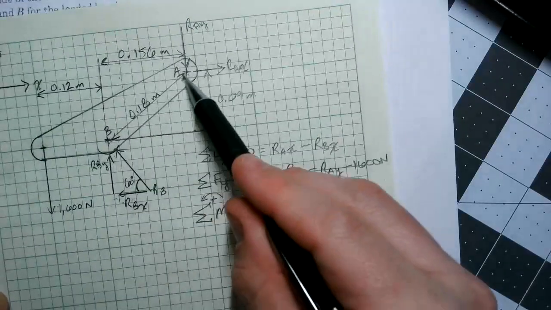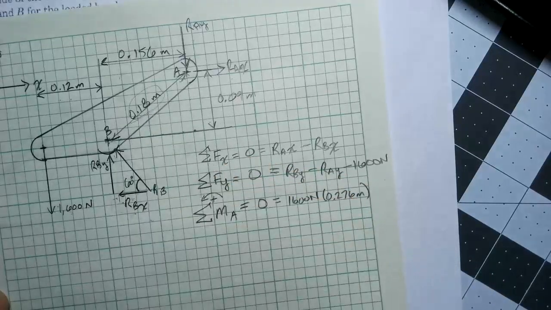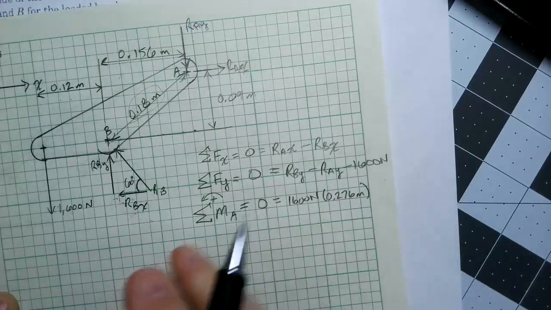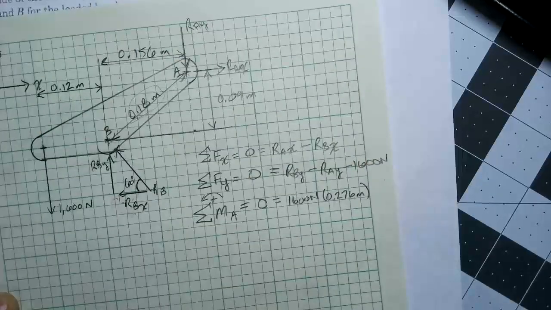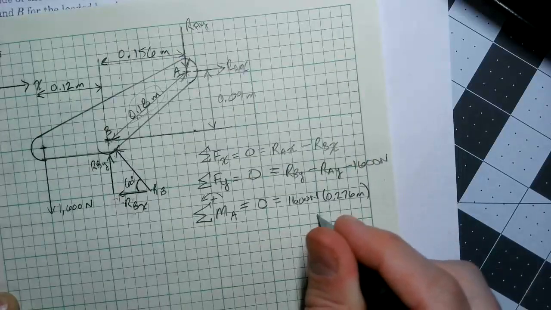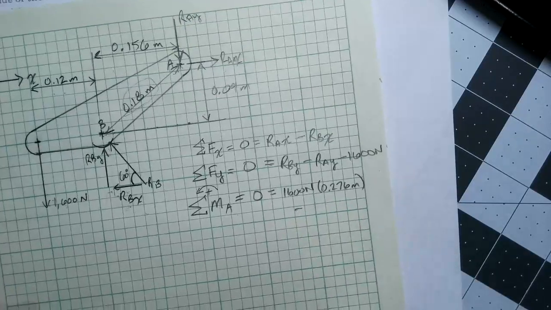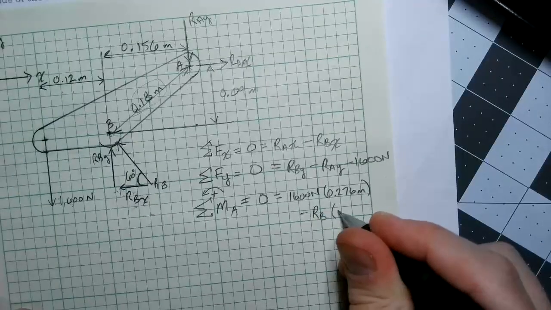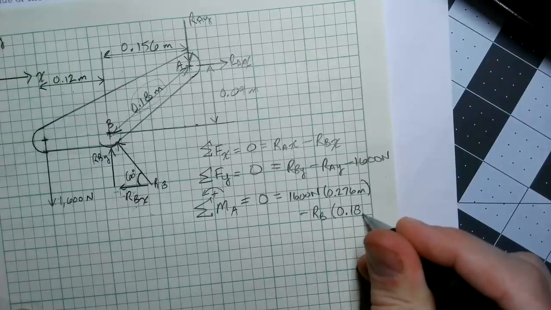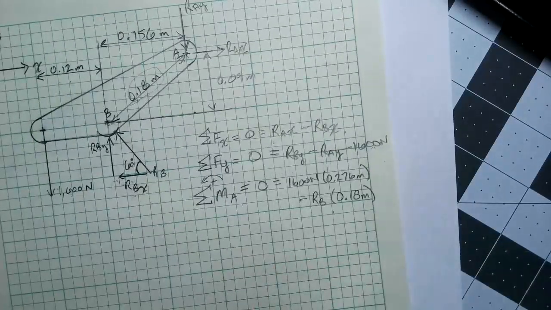So that's trying to rotate about point A at a distance of 0.18 meters, so that would be trying to turn clockwise. That's negative. So I'm just going to jot it down at the bottom here because I ran out of room on the right-hand side of my page. That'd be minus RB times 0.18 meters.